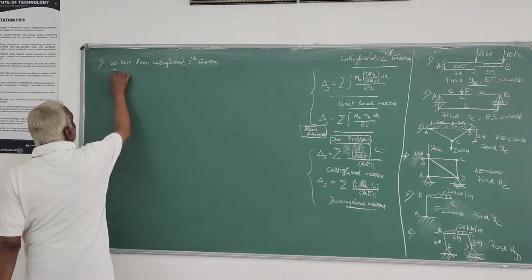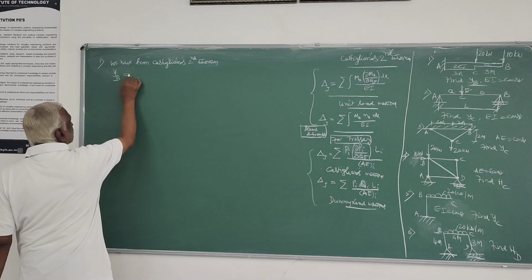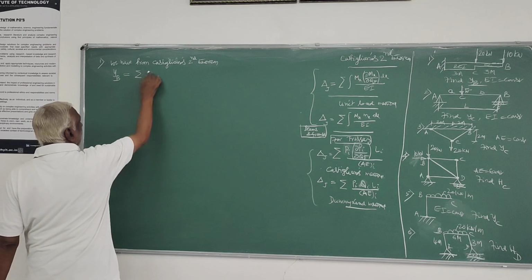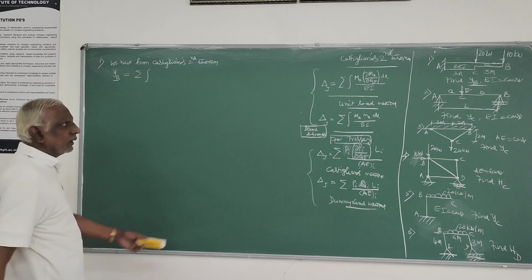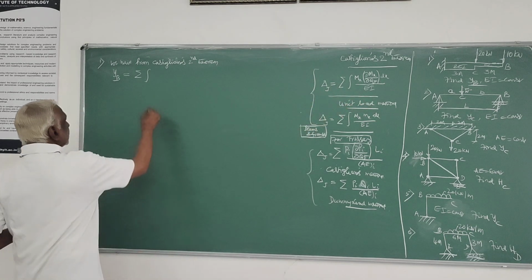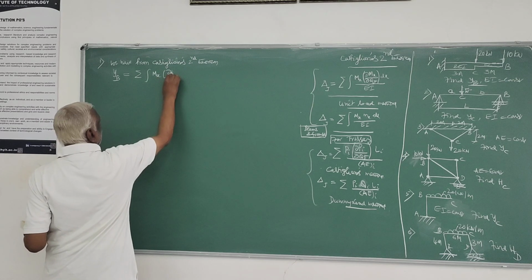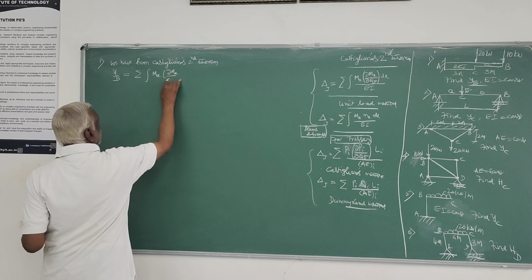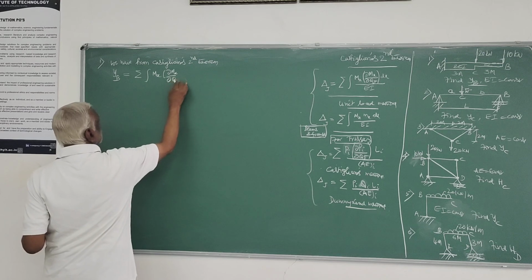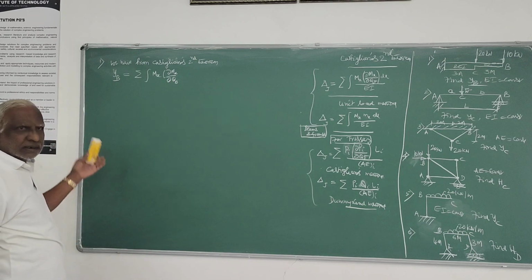So YB is equal to sigma of, because it's a beam flexural member, I have to use this formula: YB is equal to integral of Mx, delta Mx by delta QB. Instead of J, it is the point B directly.